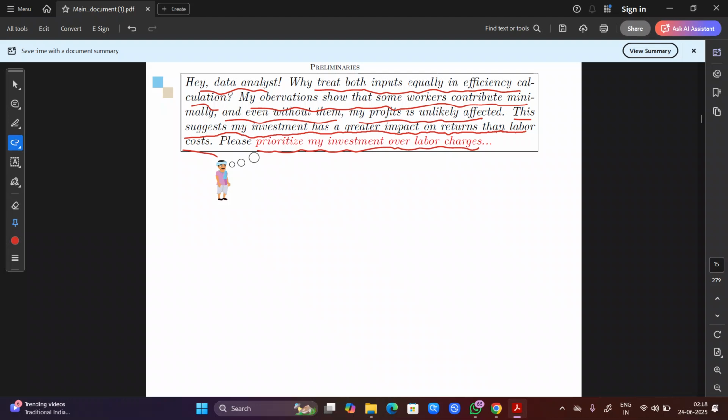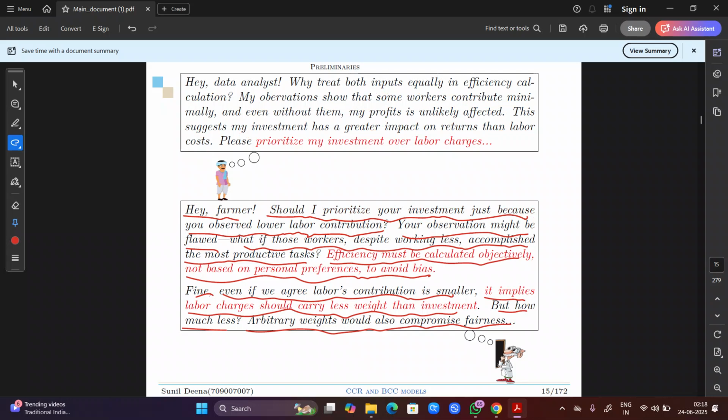Then the scientist will think, why are you thinking that way? Because the labor timing is 10 to evening 5. Perhaps for the starting 4 hours the labor has not worked effectively, but in the afternoon or evening the labor worked effectively. So this is a conversation going on between a farmer and a data analyst.